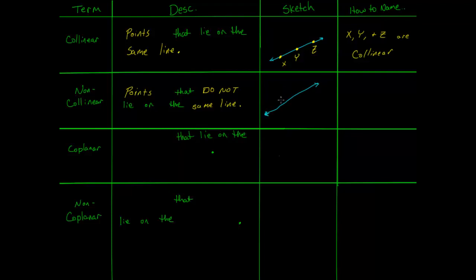I'm going to come over here, I'm going to put some points. And naming this, let's go with X, Y, and this one over here we'll call W. So if we look at it, it's pretty obvious. X, Y, and W, they're not on the same line. So whenever we name it, we're going to say X, Y, and W are non-collinear. Pretty simple.